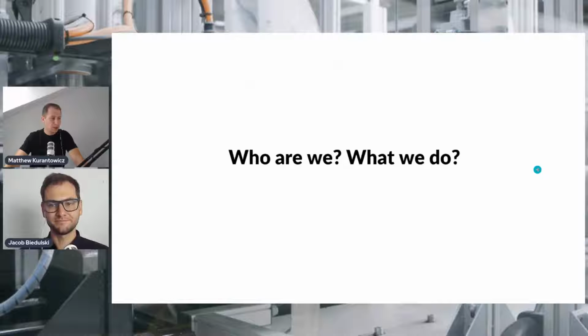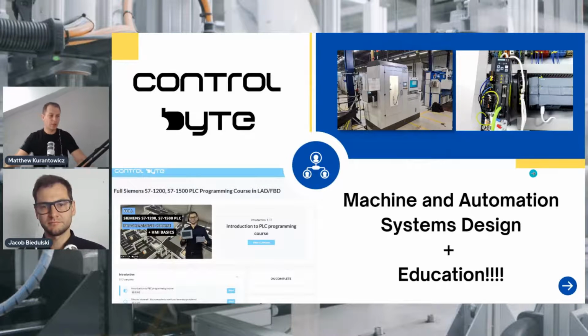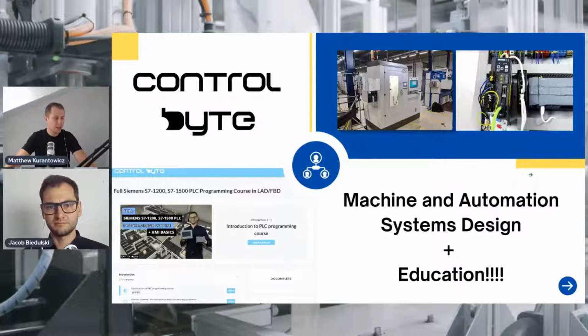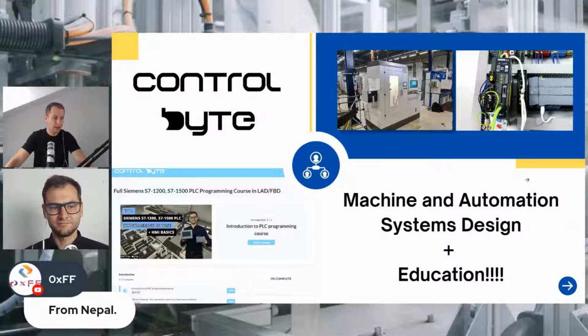Okay, so who we are, what we do. We deal with machine and automation system design, and we have started an online platform for automation engineers. We teach how to program PLCs and how to design automation systems.